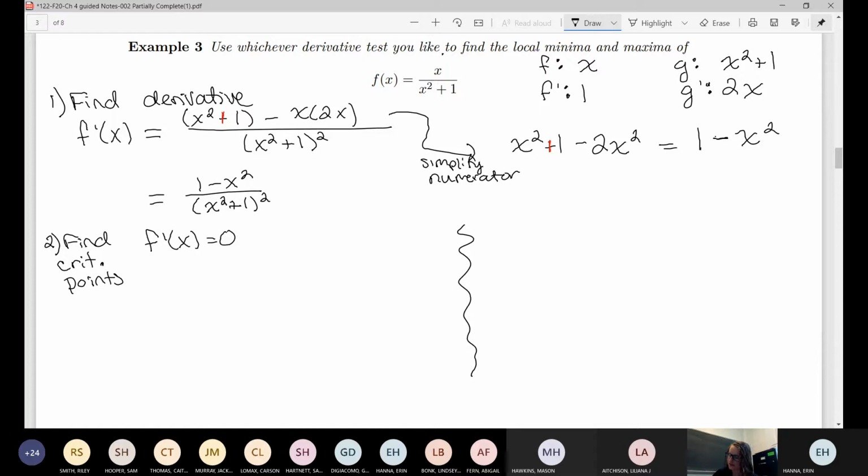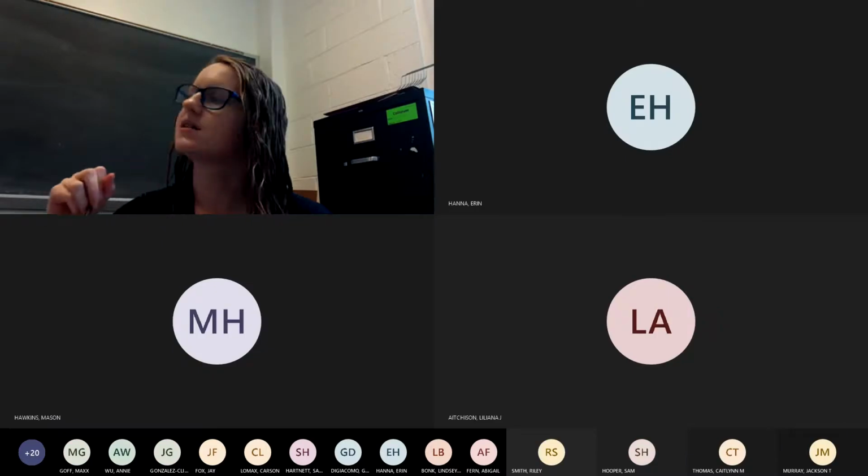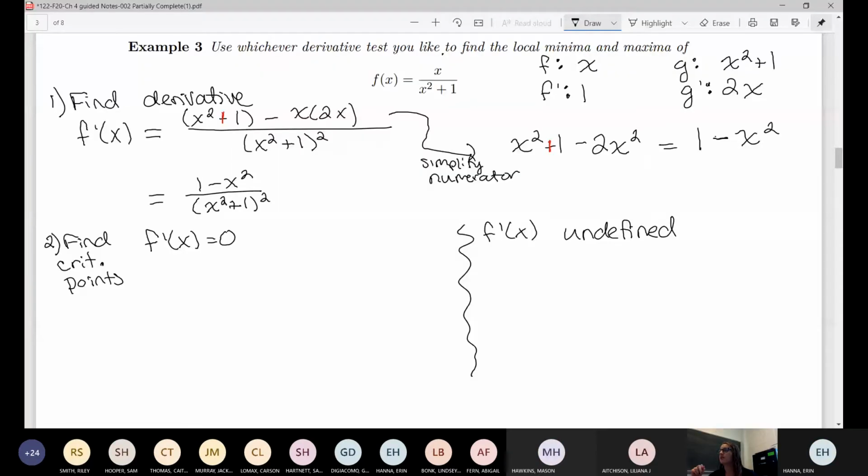And in this case, since there is a denominator in this derivative, we're going to have to check for when it's undefined as well. So remember, I said that a function can be undefined in a ton of different ways. But in our case, we only care about denominators. So when we have a denominator, we need to make sure we check when it's 0.